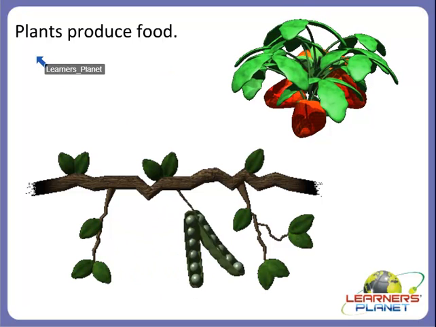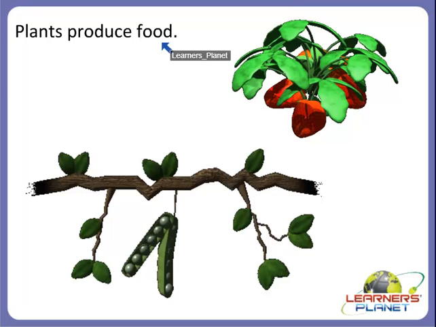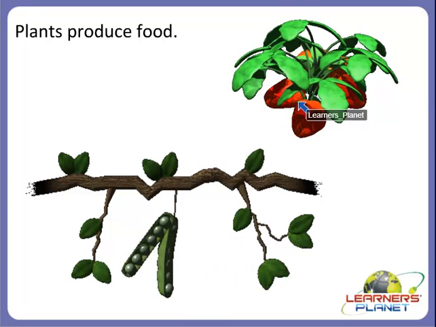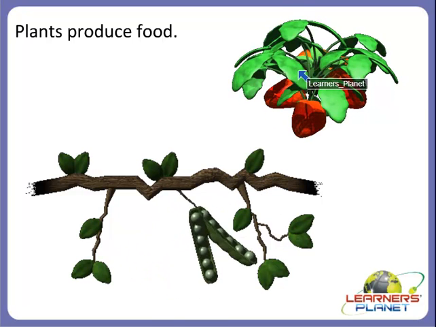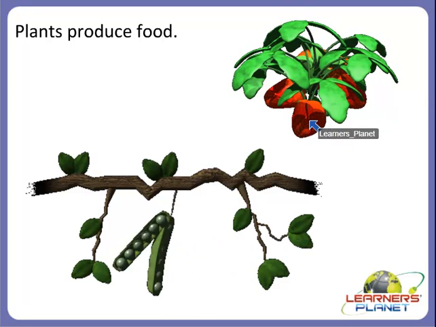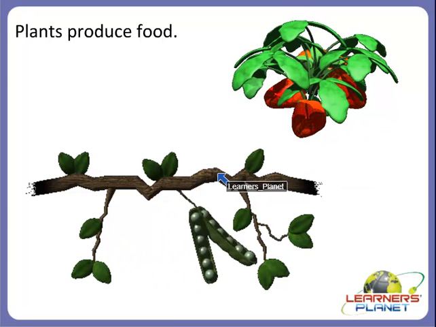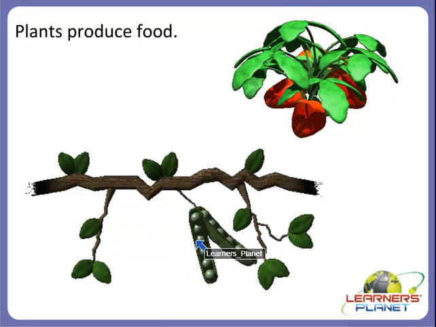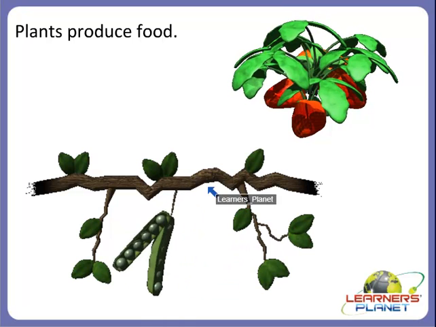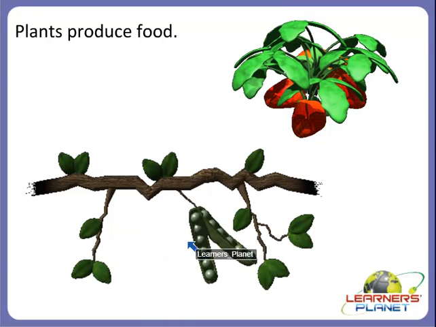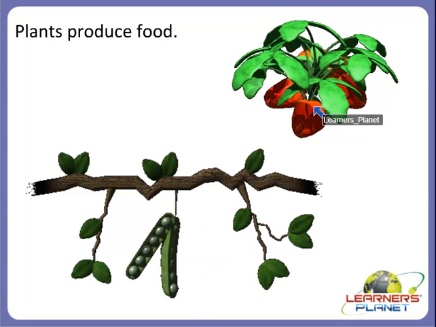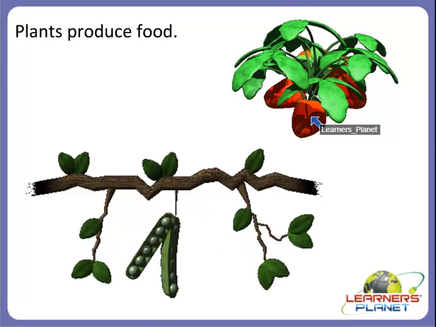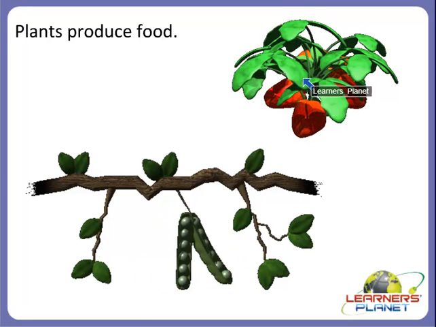You can see in the picture, these are plants and they produce food like fruit or vegetable, right? Here, this is a pea plant. So peas are grown on this plant. Then this plant has produced fruit, that is strawberry fruit, right? So children, plants produce food.